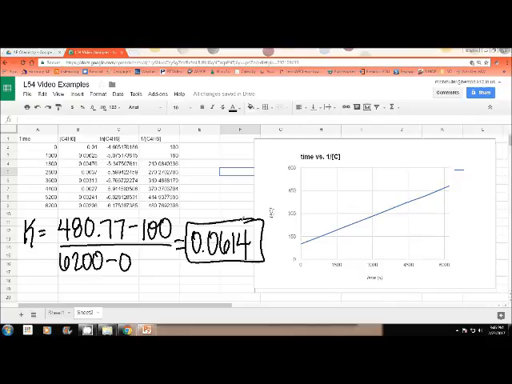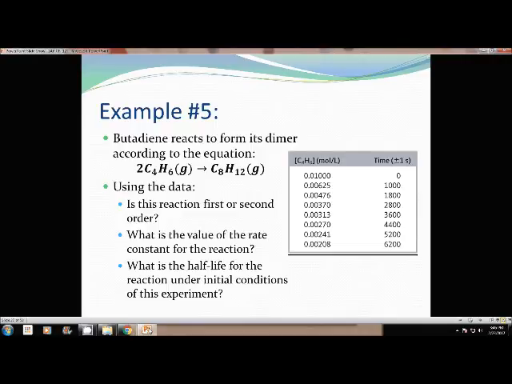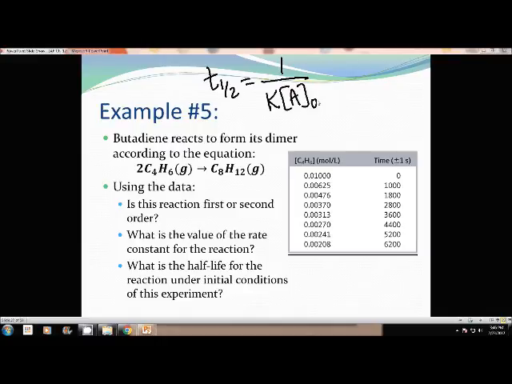And now we have to figure out the half-life. So now that we know K, the half-life equation is up above there on the page, and the half-life is equal to 1 over K times the initial concentration of A. So 1 over the K I just solved for, which is 0.0614, times my initial concentration of A, which is right here, 0.01.